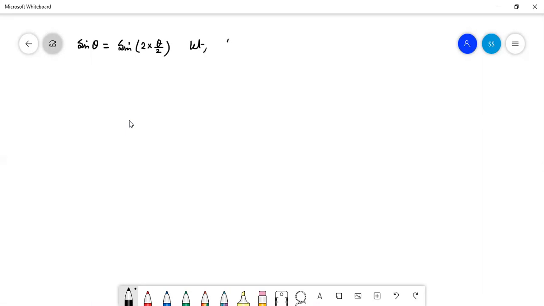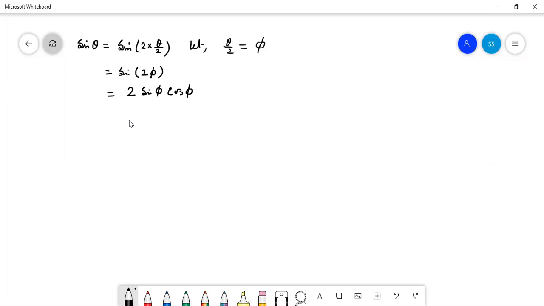Let theta by 2 be equal to phi. Then it will be given that sin 2 phi, isn't it? This will be the result. What is the formula for sin 2 theta? 2 sin theta cos theta, right?